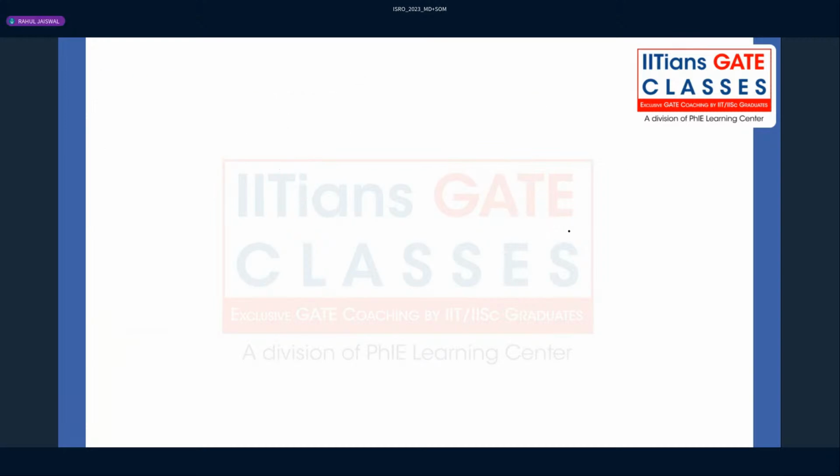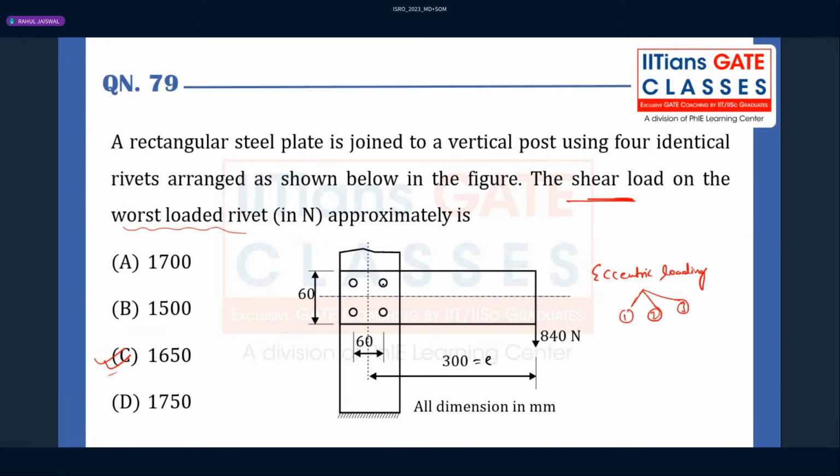If I just show here, the primary force is like this, and the secondary force will be like this. Whatever the angle is there, this will be the angle for 2 and 4 both. Don't calculate like this. That is all I want to say.